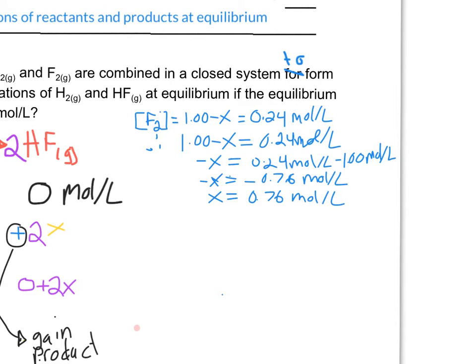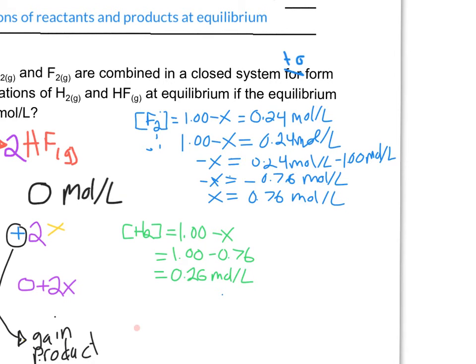Now that we know what X equals, we can use that to solve for our concentration of hydrogen gas. Because we know that the concentration of hydrogen gas is going to equal 1.00 subtract X. We know X equals 0.76. So we do that math, and the hydrogen gas concentration is 0.24 mole per liter.